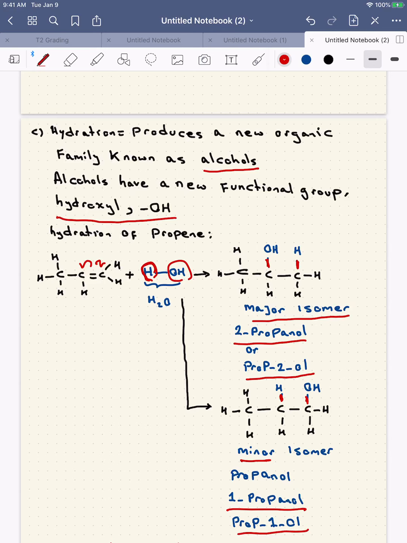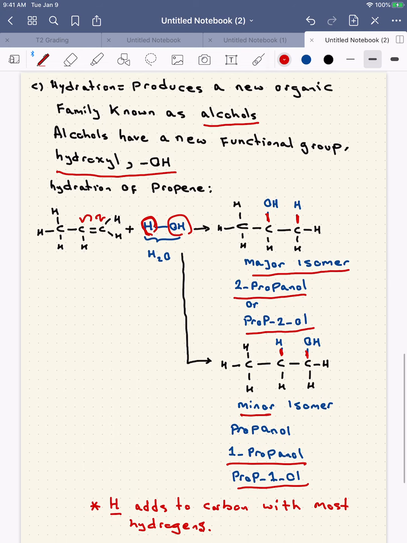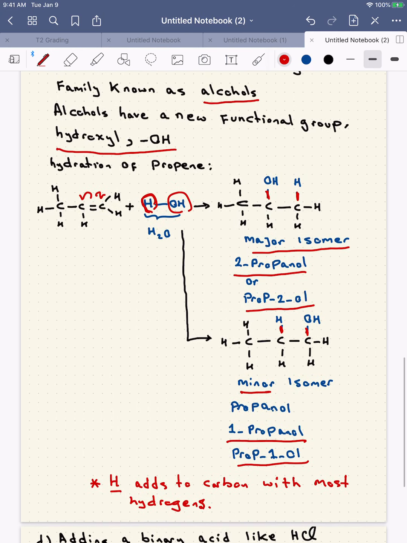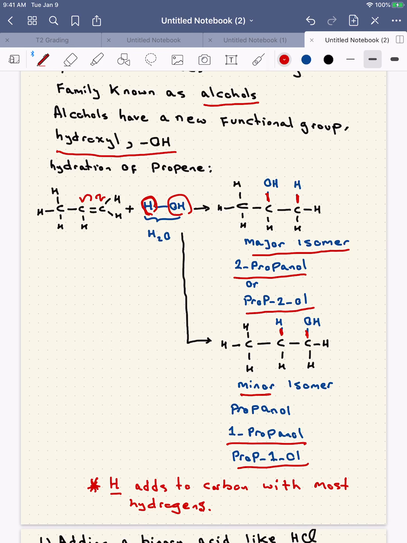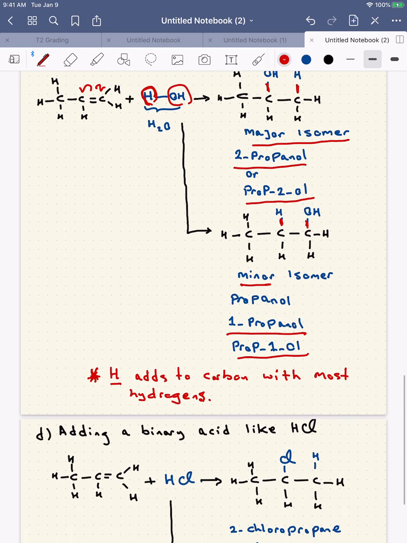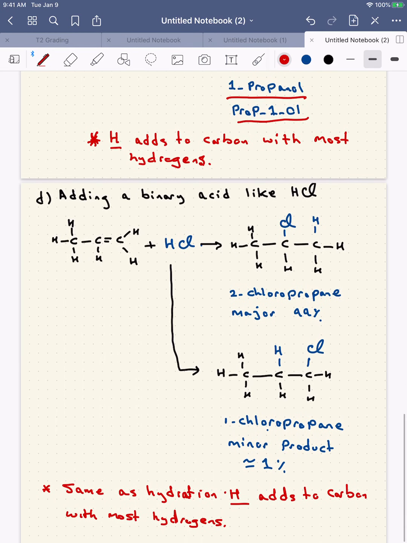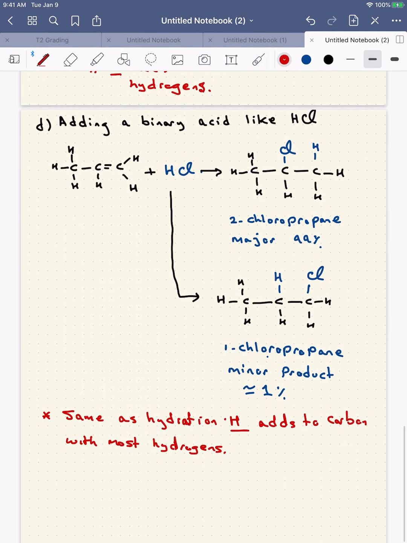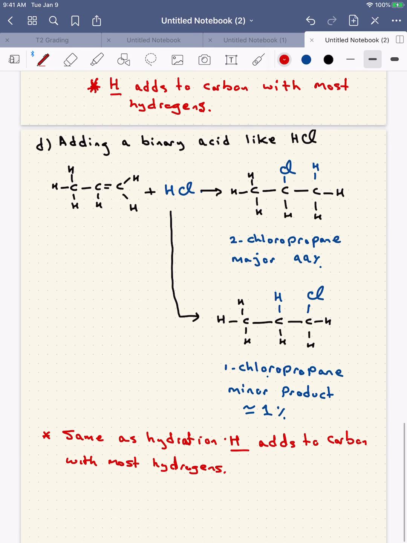So we have two isomers or two products, one is major and the other one is minor. You can remember that hydrogen is added to the carbon with the most hydrogens to have the major isomer produced.